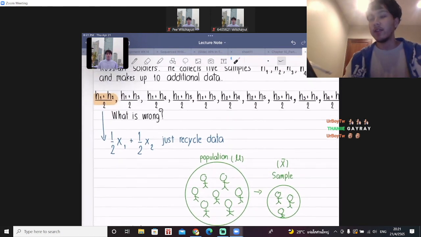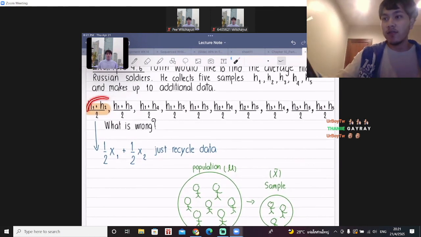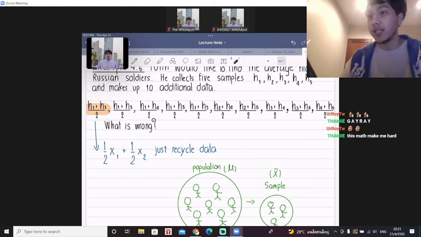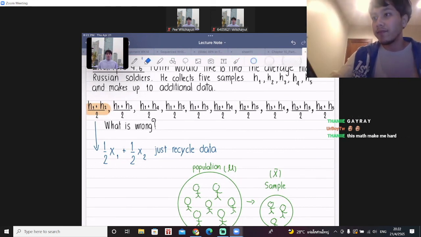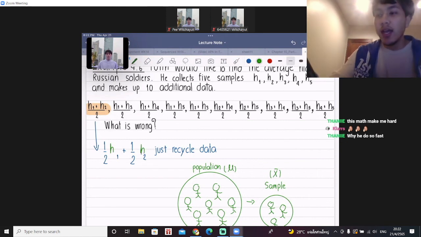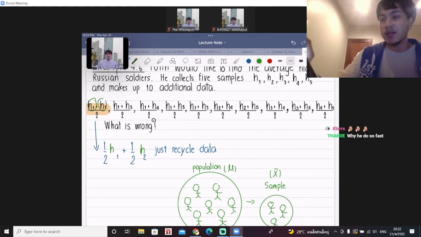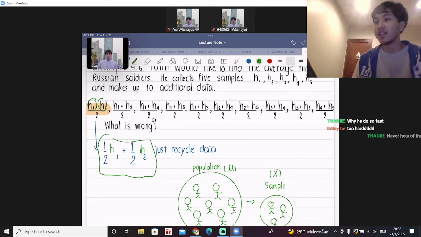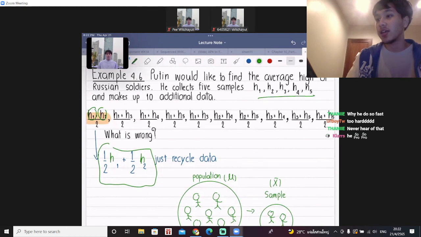If you take a look here at the first one, or all of them, they are the same. For the first one, sorry, my fault, it's supposed to be H, not X. H1 and H2 will appear like this, but as you can see, the data is just the same as the one Putin collected here.